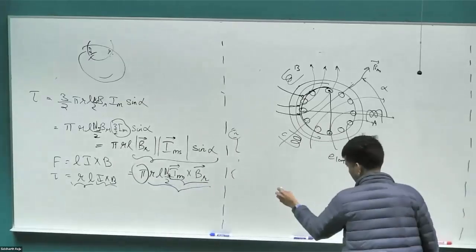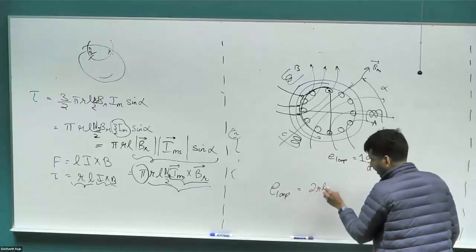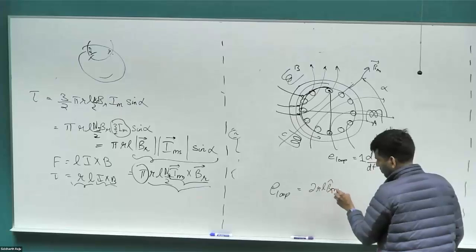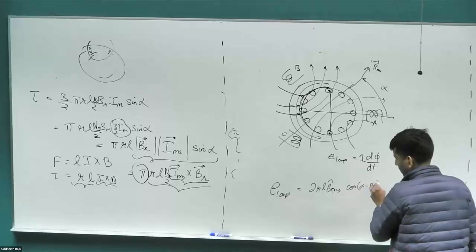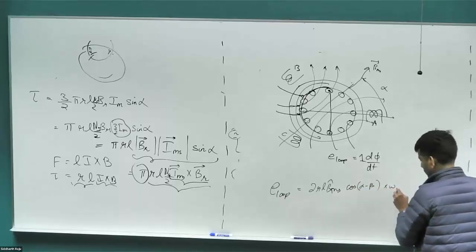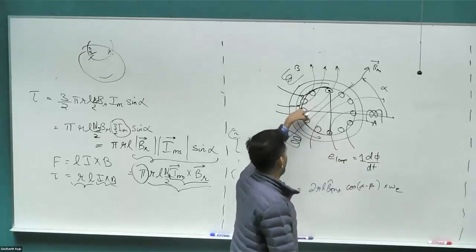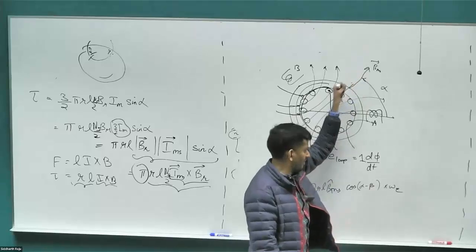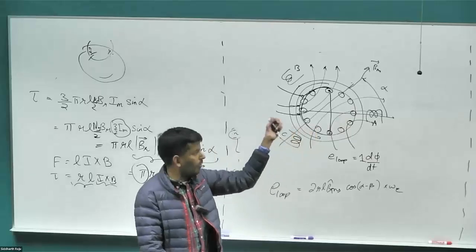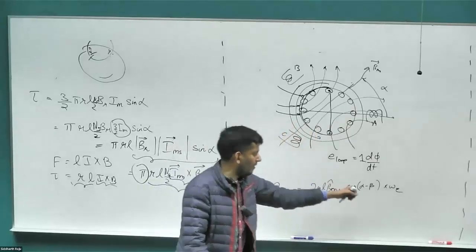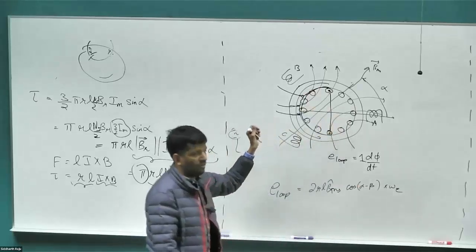That equation that I have there, E of a loop is equal to 2 RL BMS peak times cos of alpha minus beta times omega E. This is basically saying that alpha is the point where the stator magnetic field is at its maximum. Beta is a random angle that we chose for one single loop. If you want the voltage for some other loop at some other angle beta, this value starts to change. Right? So which of these loops would have the highest EMF across it?